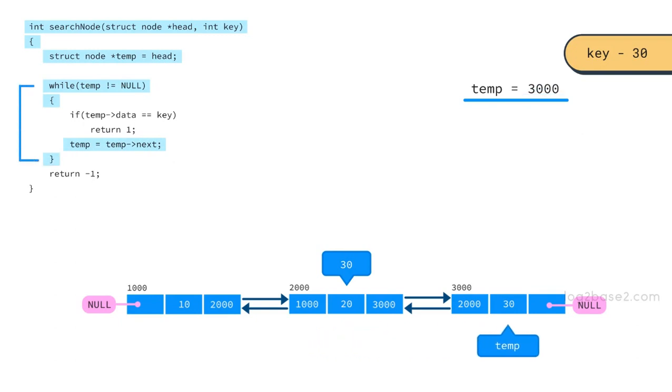Now again check if temp has become null, but it hasn't. So enter the while loop and check if data at 3000 is equal to key. So we compare data 30 and the key 30, and both are the same. So if returns true. So return 1, which means the key is found. So this is how it will be working.